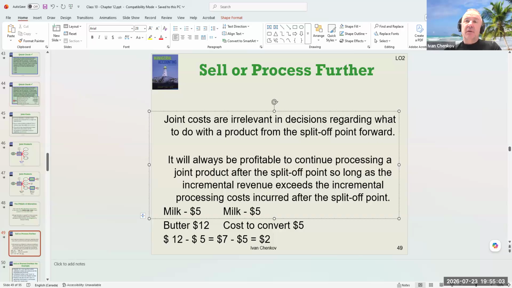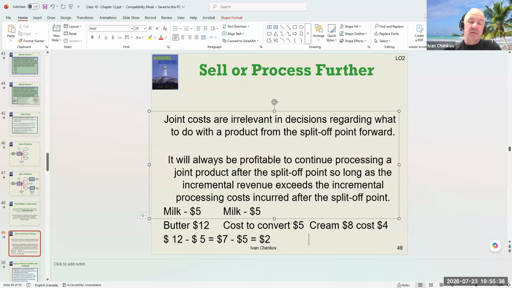Let's put another product here. Let's pretend that besides the butter, I have the option to sell cream. I can sell the cream at, let's say, $8. But it's going to cost me, let's put it, $4 to produce. So now what's going to happen with the cream?